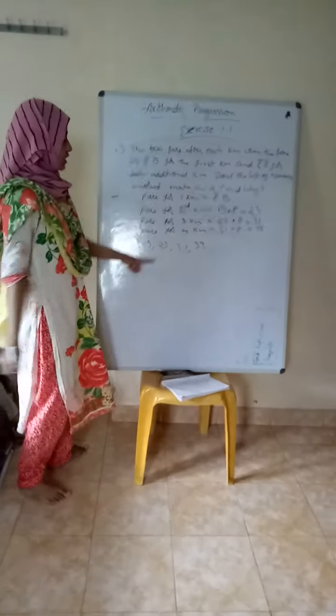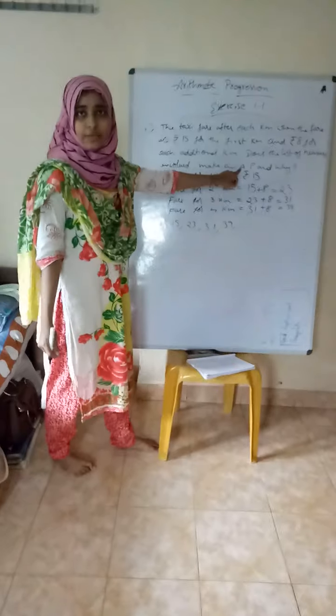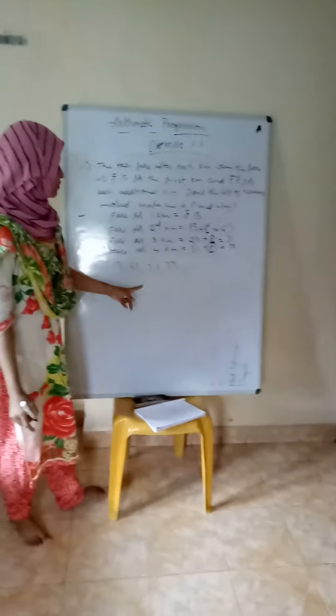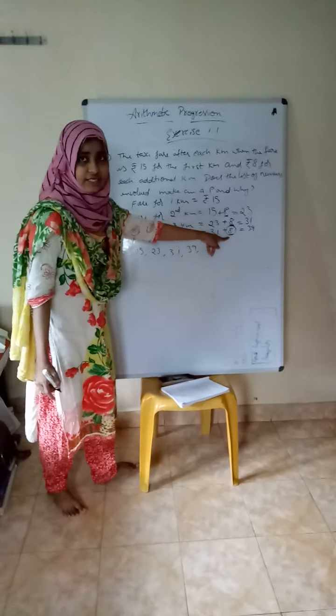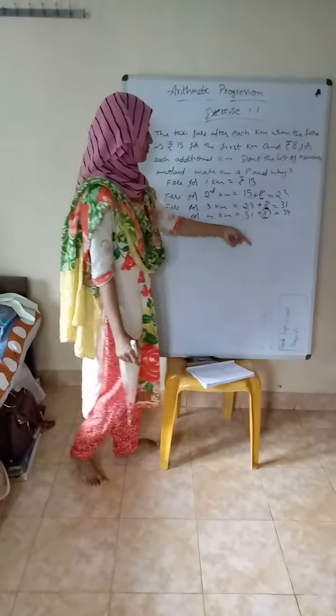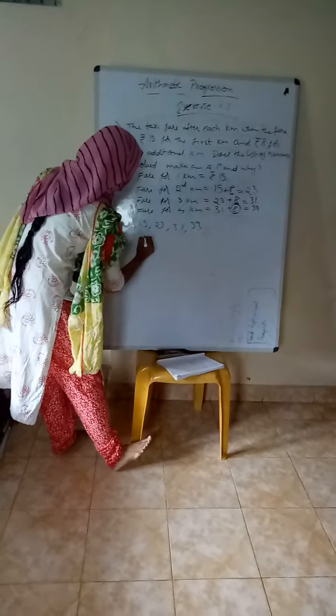It goes on. What is the question? Is the list an AP? We can see that we have added a fixed term, 8. d is what? 8. We are adding 8 everywhere. So the common difference is the same, d is 8. So we can say that this is an AP. So the given list of numbers is in AP.